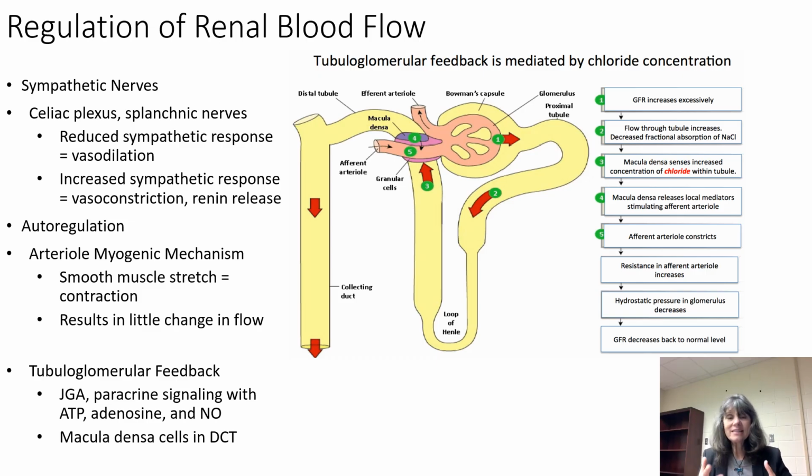So if the macula densa cells sense an increase in osmolarity, and specifically in chloride because they are designed with chloride receptors, if there's an increase of chloride receptor stimulation, then the macula densa cells are going to stimulate the granular cells of the juxtaglomerular complex, those myogenic cells, to contract and decrease the lumen of the afferent arteriole, because if there's too much solute in the distal convoluted tubule, then there's not enough time for that solute to be reabsorbed in the loop of Henle.